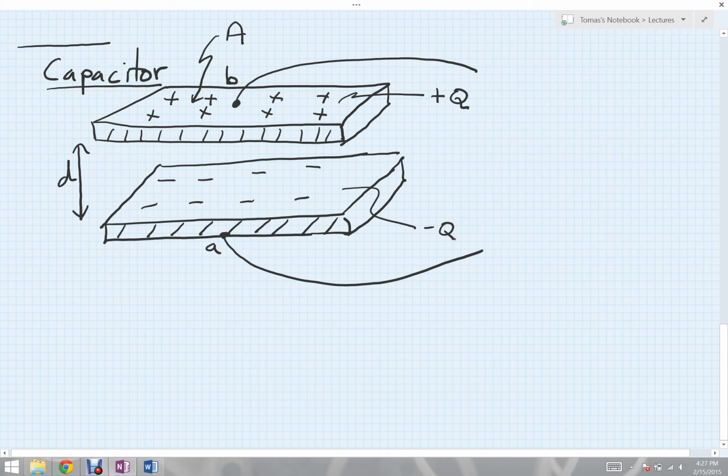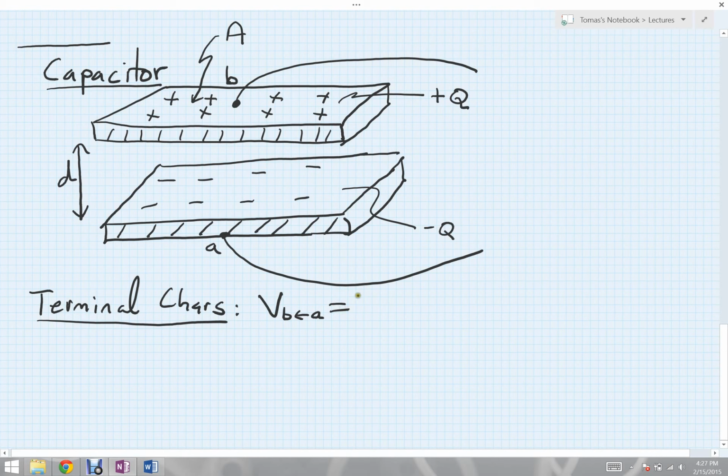If we want to characterize the terminal characteristics of this, we want to understand how the voltage across these plates behaves, namely the voltage from the bottom plate at point A to the upper plate at point B. When we talk in general about capacitor devices, our convention will be that when we think about the voltage, we'll always be going from the negative plate to the positive plate.